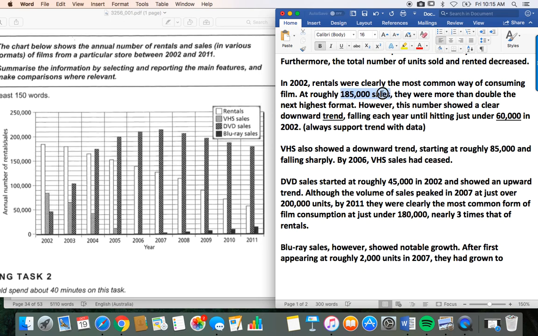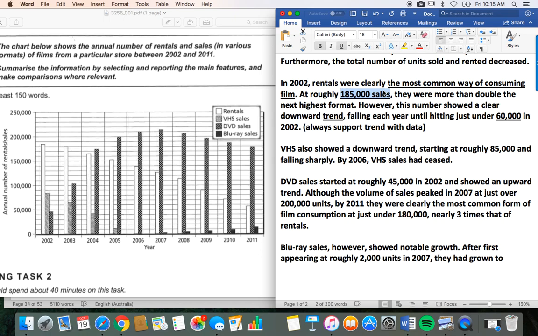So here I've got data, and then here, trend, most common way of consuming film. And again, I support and highlight it and compare it by saying that they were more than double the next highest format. So I've done a few things here. I've got trend, data, and highlight and comparison. And this is important. When you say it's 185, you also have to point out that's the highest.